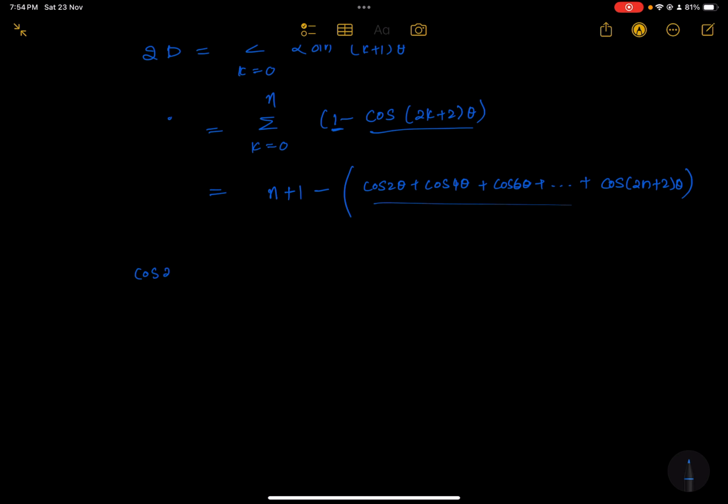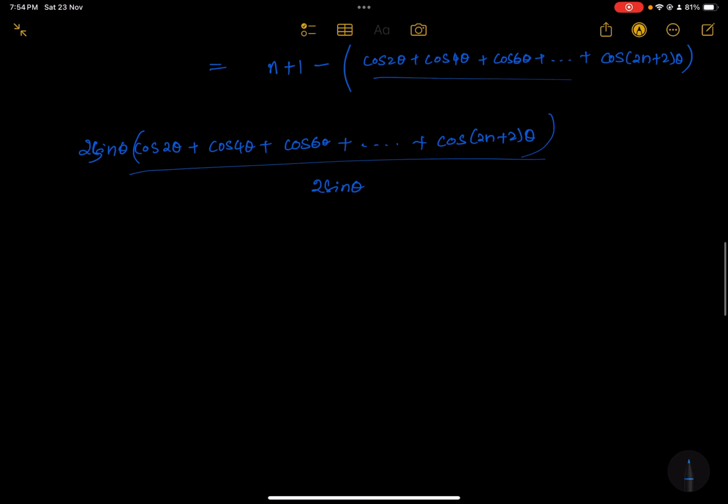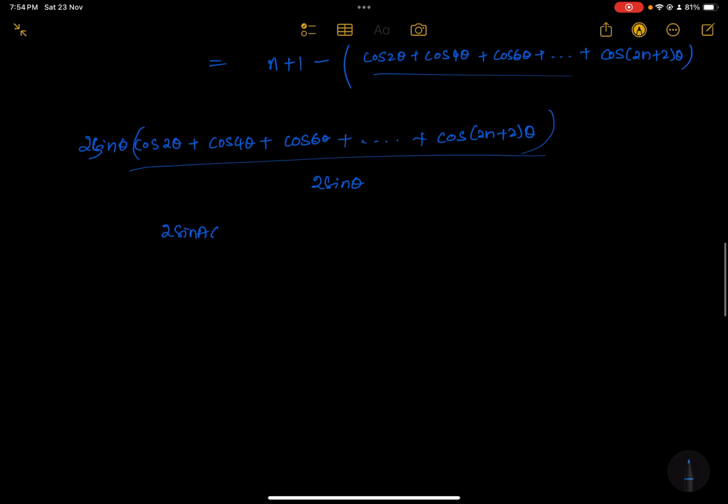So now let us find out this again. Again, we use the same trick here. Cos 2 theta plus cos 4 theta plus cos 6 theta plus and so on, plus cos 2n plus 2 theta. So this whole thing, multiplied and divided by 2 sine theta. Now each term is in the form of 2 sine A cos B. So that will be sine A plus B plus sine A minus B. For the first term, sine A plus B is sine 3 theta. Sine A minus B is theta minus 2 theta, that is minus theta, and sine of minus theta is minus sine theta.